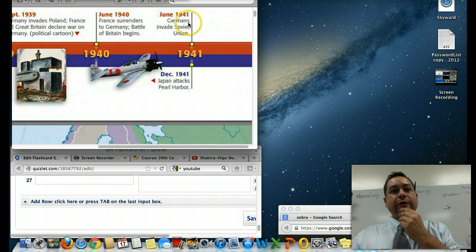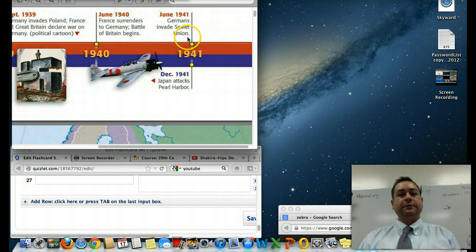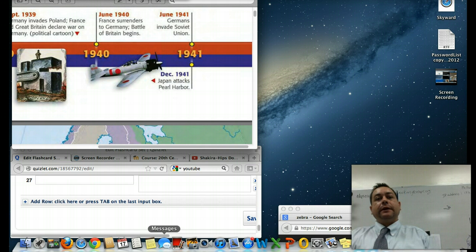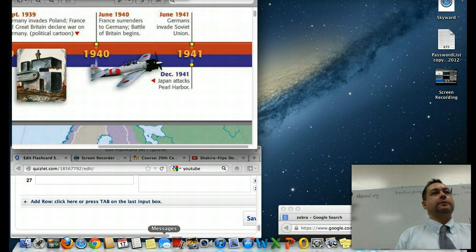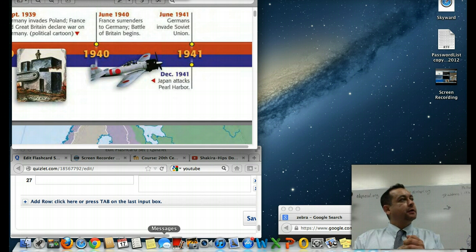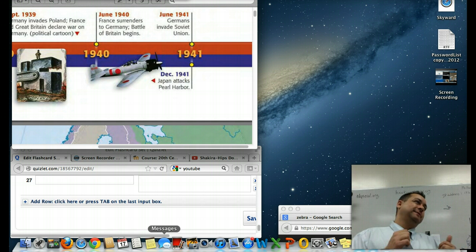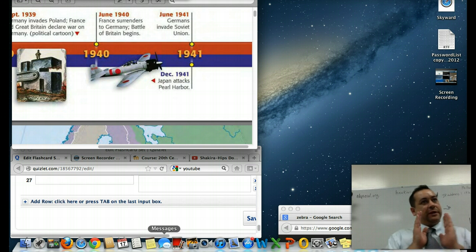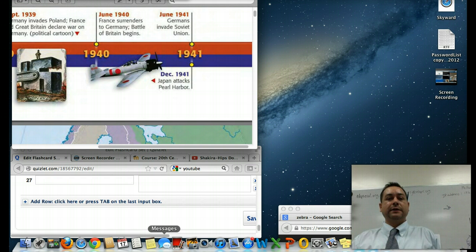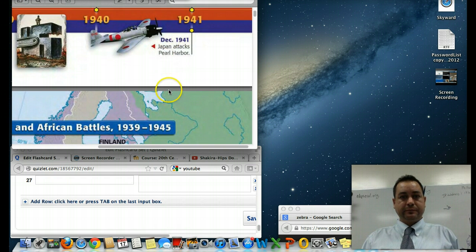And in June 1941, the Germans invade the Soviet Union as well. In the very beginning of the war, Hitler said to the Soviet Union, hey, listen, let's be friends, okay? What Germany wanted to do was be friends. Let's look at a map of Europe here.